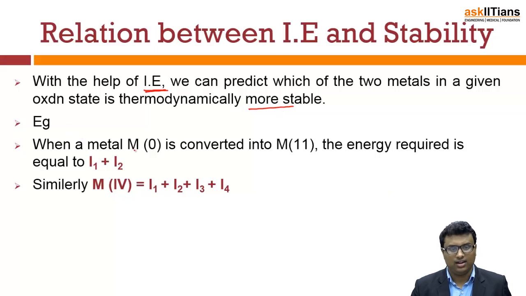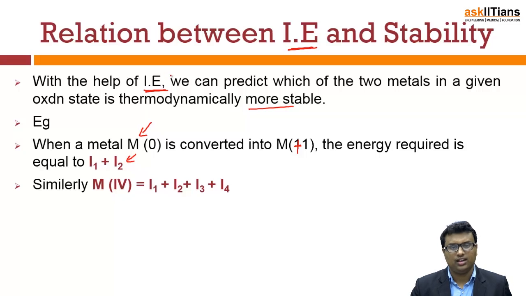When you have a metal M, that metal is converted into M plus 1, and then M plus 2. So the energy required is I1 plus I2, obviously. If we are removing electrons from a given element, you have to provide certain energy, that is nothing but ionization enthalpy.